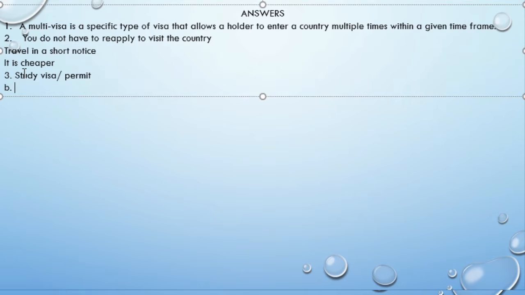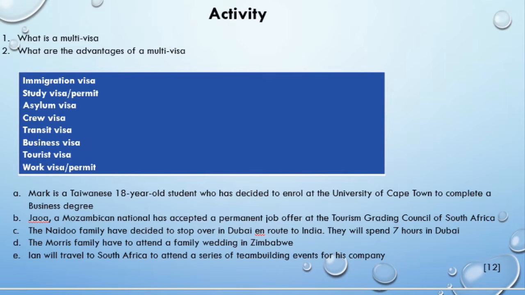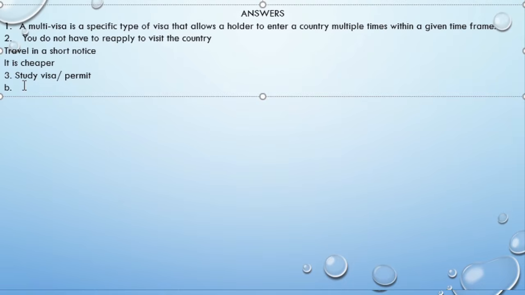And then we have B. A Mozambican national has accepted a permanent job offer at the Tourism Grading Council of South Africa. He would need a work visa or permit.